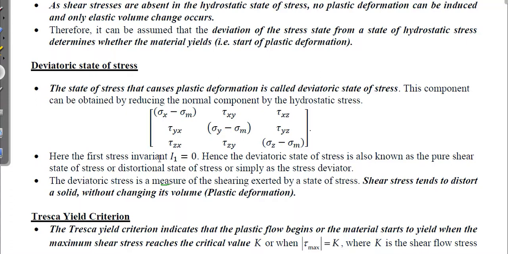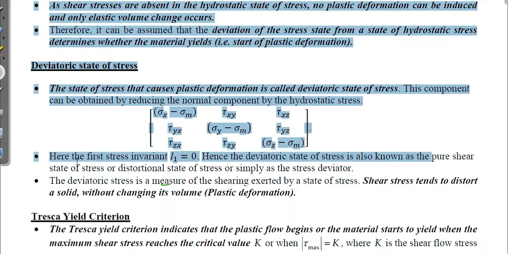The first stress invariant becomes 0 for this, if you add the three normal components, the trace. Hence the deviatoric state is also known as the pure shear state of stress, or distortional state of stress, or simply the stress deviator.